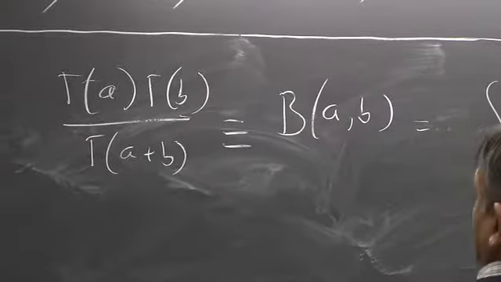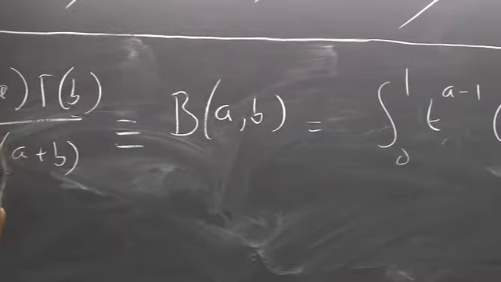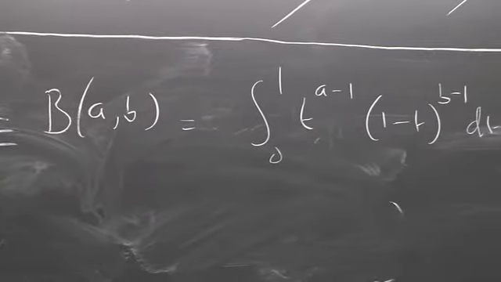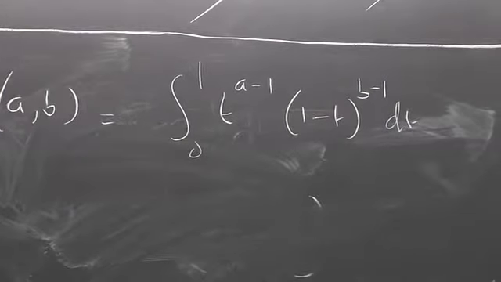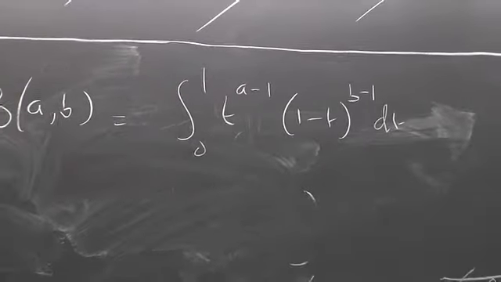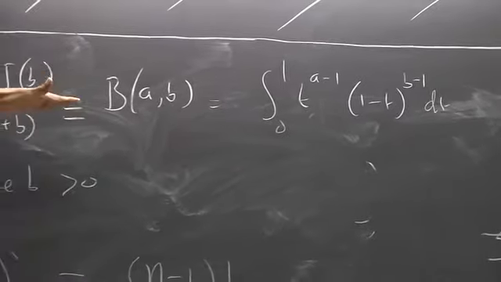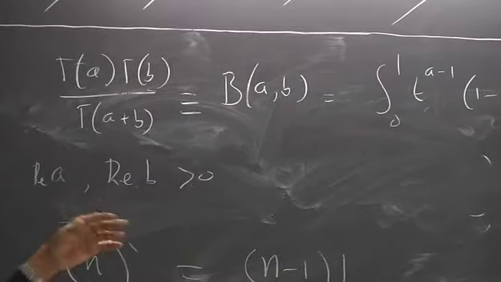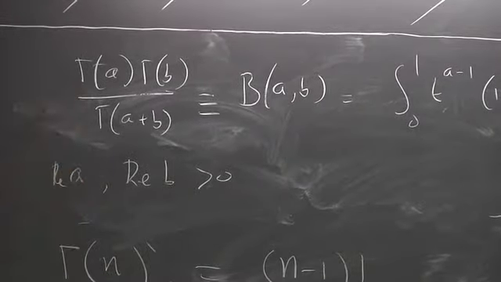This is another condition: the real part of a and the real part of b are both greater than 0. The reason is that in order to prove that, we use the integral representation, which was valid only for real z positive, right? So it's for this reason.